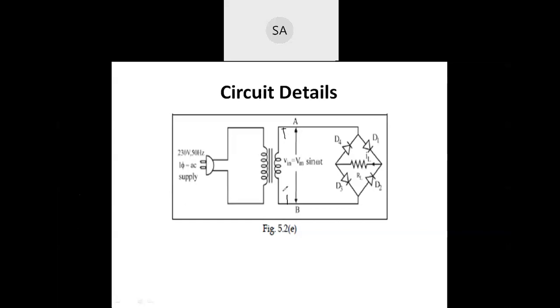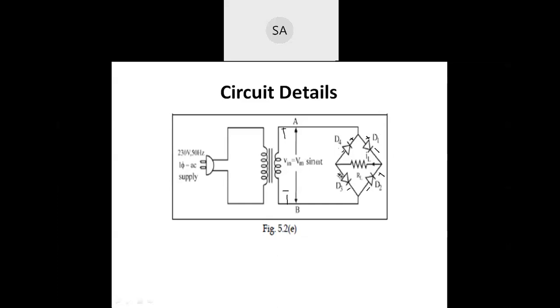So diode D1 will become positive and diode D3 will become positive. Due to the negative potential, D4 and D2 become negative. So the anode potential of D4 is negative and D1 is positive, and the anode potential of D2 is negative and D3 will be positive.